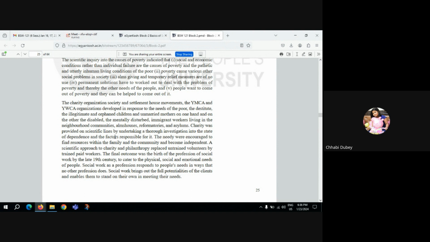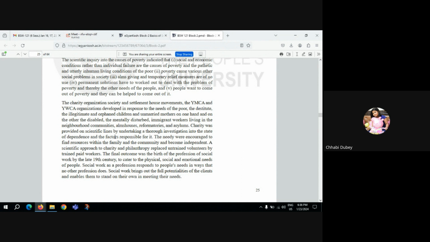They started to investigate the needs of these people on a case by case basis, and the needy were encouraged to find resources within the family and the community and become independent.